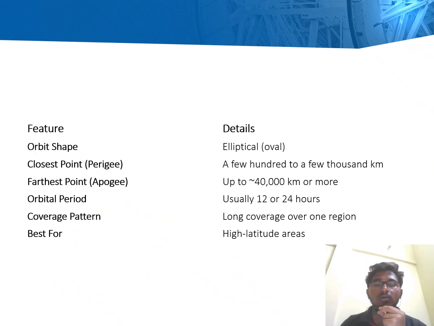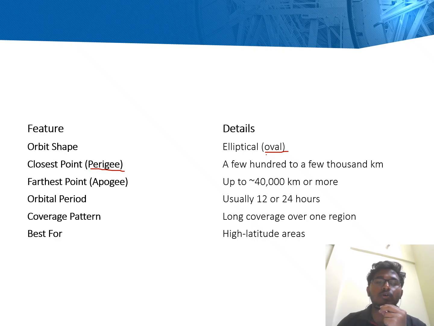Now, the features of HEOs: orbit shape is elliptical and oval. Closest point is perigee, where the larger body is located at one focus of the elliptical path of the smaller body, a few hundred to a few thousand kilometers.